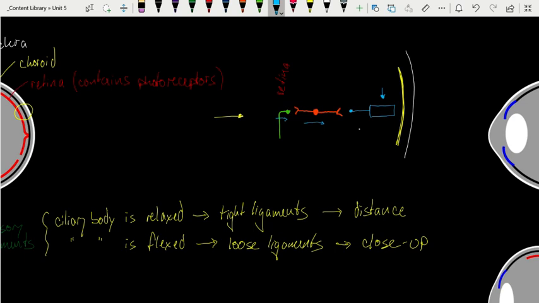This is not ideal in terms of getting really nice pristine vision, but there is a purpose for it. As we'll talk about in a second, there's some recycling of retinol that needs to take place in order to maintain sensitivity to light, and the choroid is responsible for doing that. So there's a little bit of recycling that happens right here, and that's why this system is set up the way it is. That said, we do have something that allows us to get past this thick membrane that the light has to travel through.